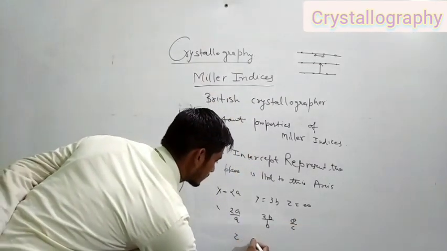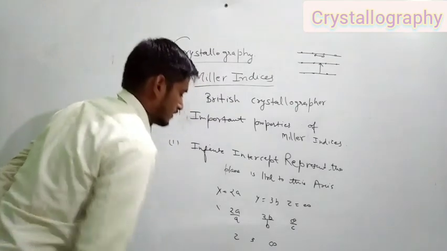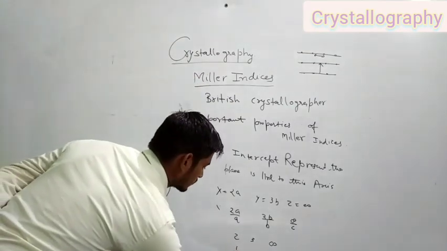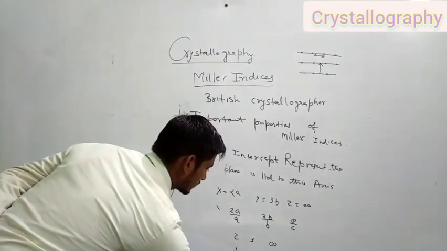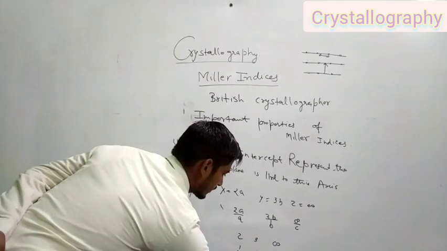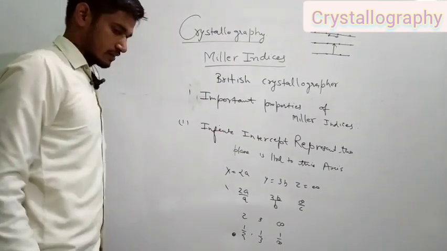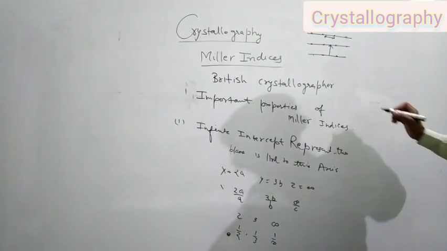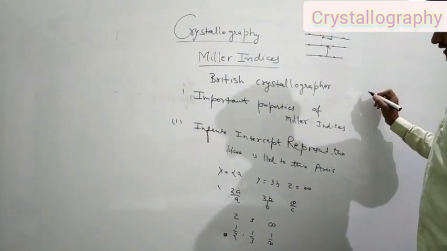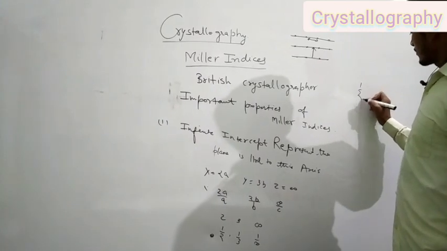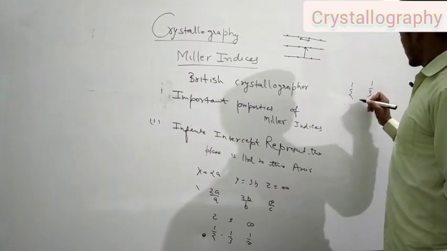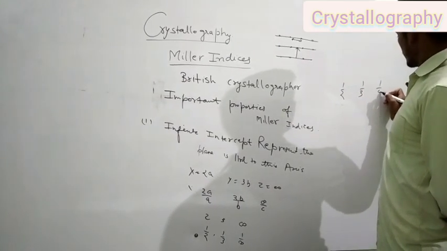Now 2, 3 or infinite. Take the reciprocal of these numbers: 1 by 2, 1 by 3 or 1 by infinite. So the Miller indices for this crystal plane are 1 by 2, 1 by 3, 1 by infinite.